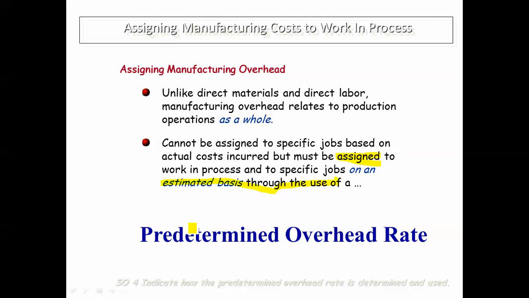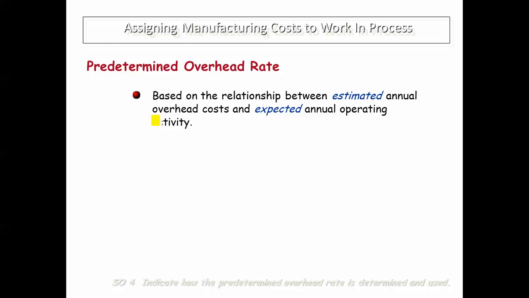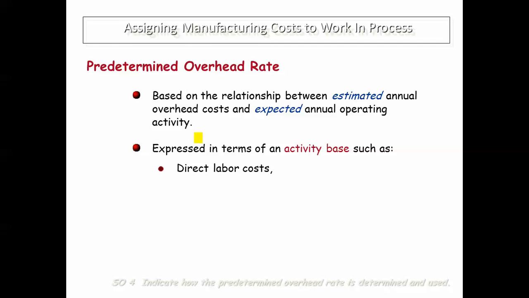And so we must come up with what is called a predetermined overhead rate, that means ahead of time. For example, based on the relationship between estimated annual overhead costs and expected annual operating activity, we determine what the base is going to be. We're going to accumulate all the costs.